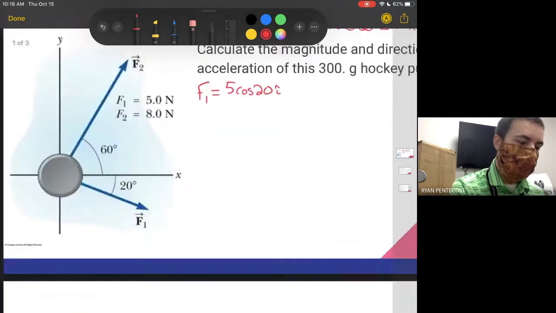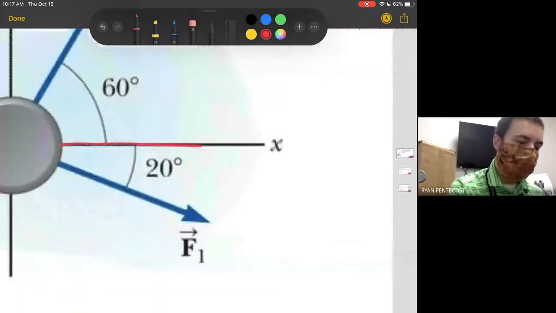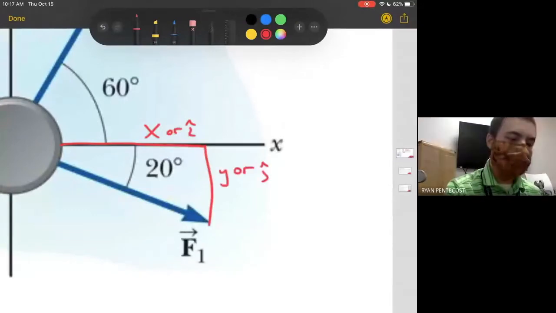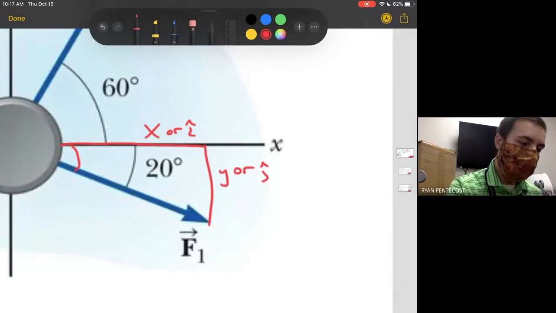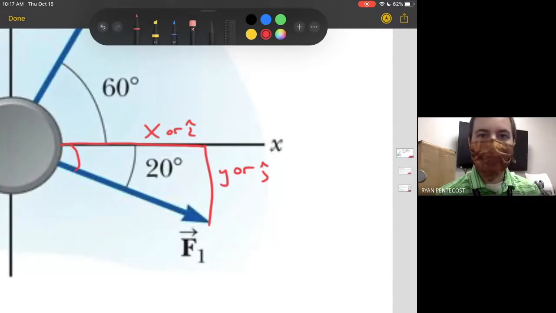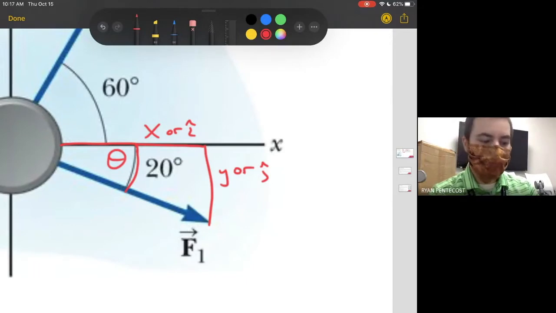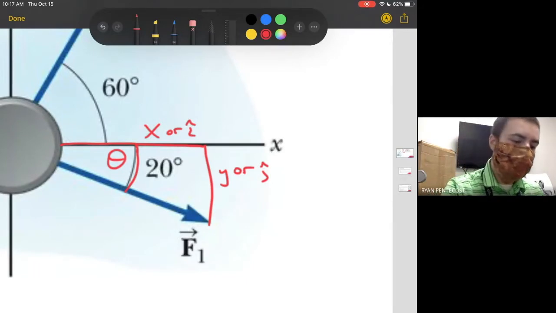Now let's look at this right here, right? Here is our x, or our i hat. Here is our y, or j hat. So if this is our theta, I guess they've already got it right there, really long arc. That's our theta. We'll use cosine or adjacent to get the x, and we'll use sine or opposite for the y.